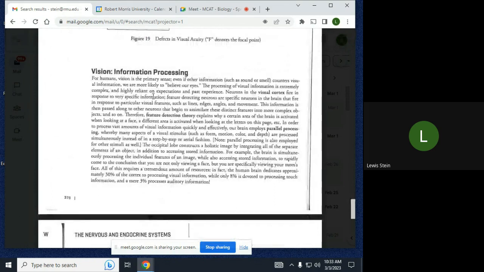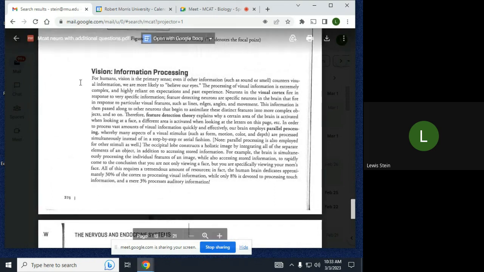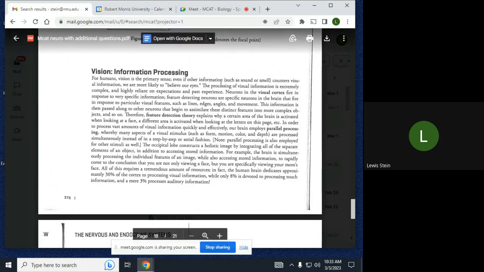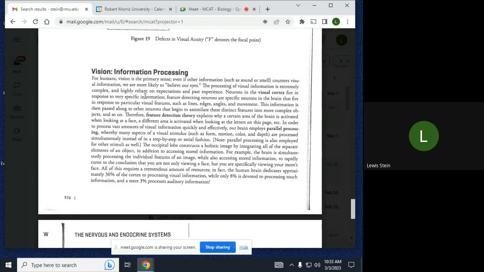Okay, so how do we process all this stuff? I do forget the statistic, they have a slightly different number in here. A lot of authors will tell you about half of our circuitry is about vision when it comes to sensory perception. Complex.